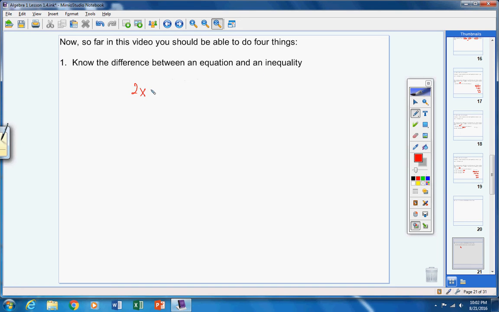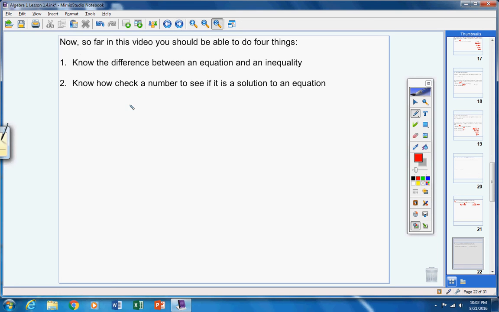So if I had 2x minus 10 equals 15, and if I had 3x plus 16 is greater than 19, do you know which one of these is an equation? I hope so. Do you know which one of these is an inequality? I hope so. Okay, you should be able to tell the difference between an inequality and an equation. Okay? Hopefully you can do that.